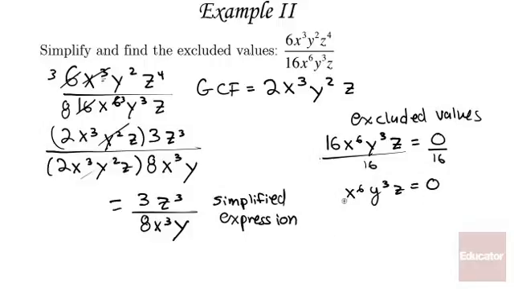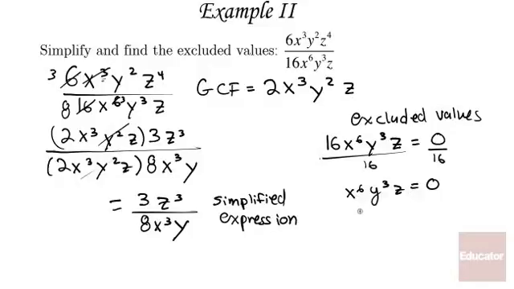So just looking at this, I can see that if x is 0, this whole thing will be 0, because 0 to the 6th is 0. If y is 0, then y cubed will be 0, and that's going to make this whole product 0. If z is 0, the entire product will be 0.